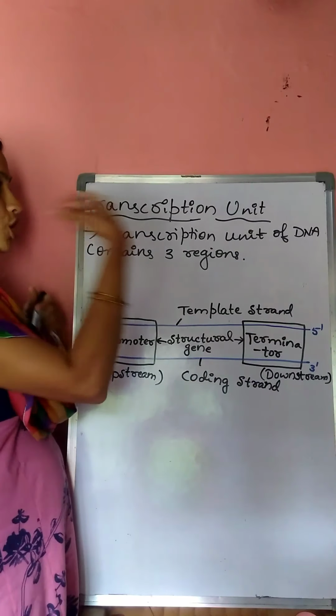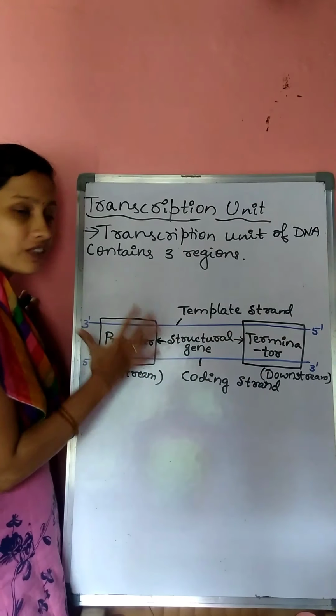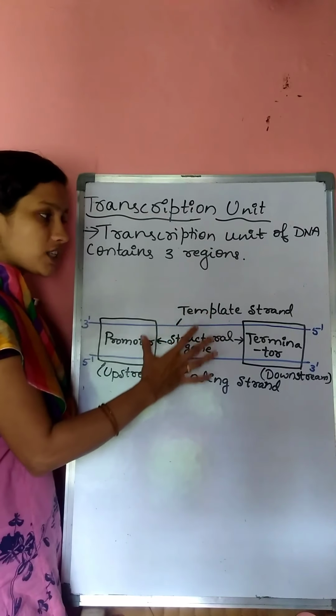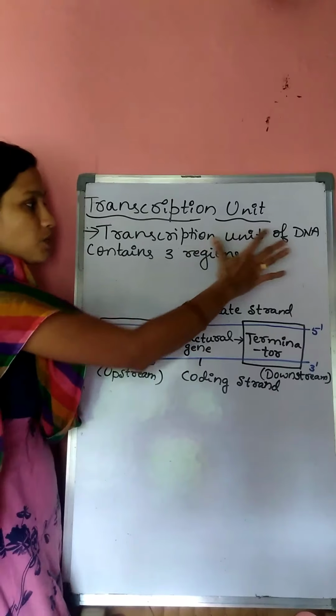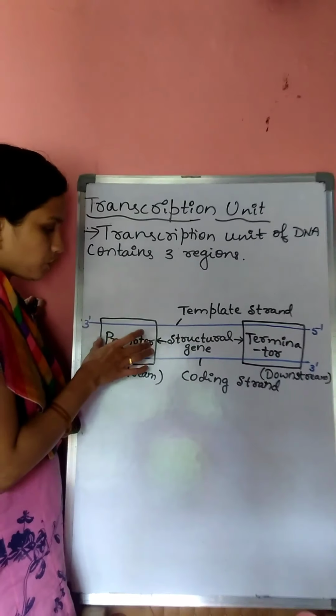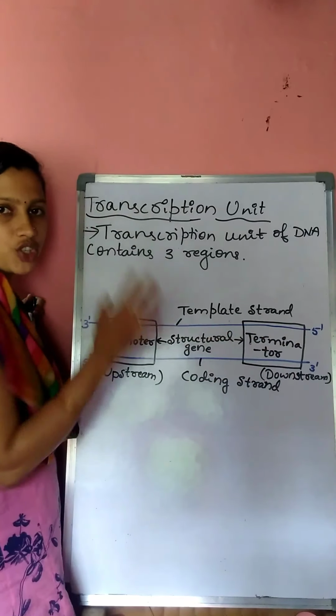This is the transcription unit of DNA and it is present in the DNA. The transcription unit of DNA contains three regions such as promoter, terminator and structural gene.